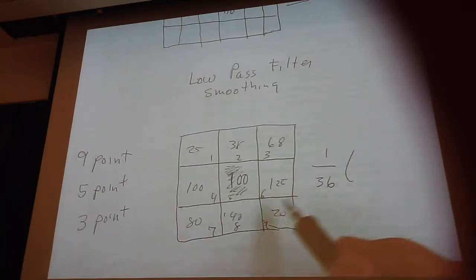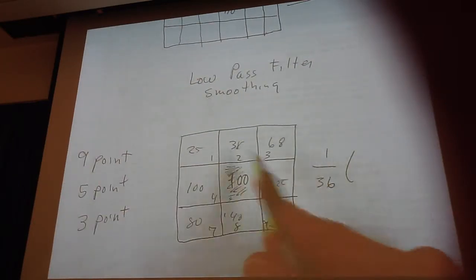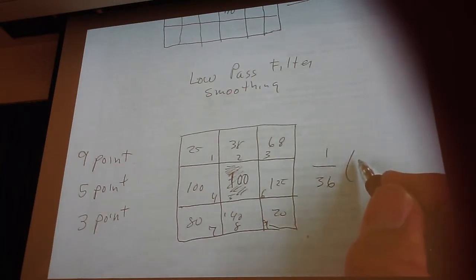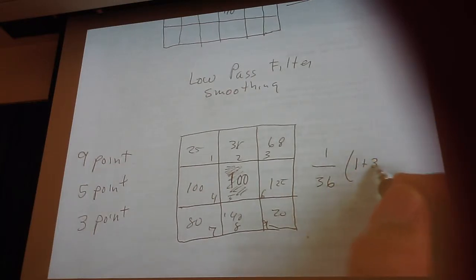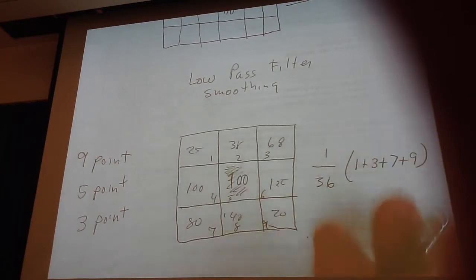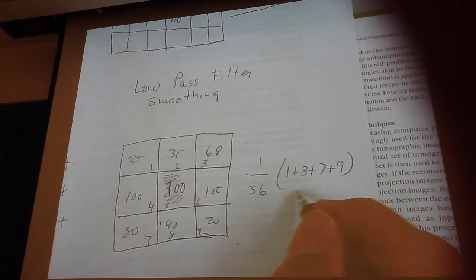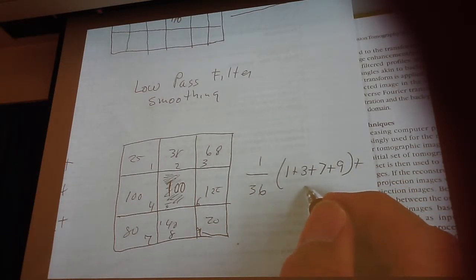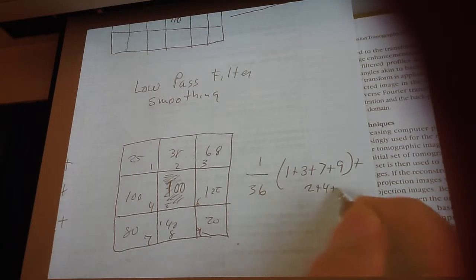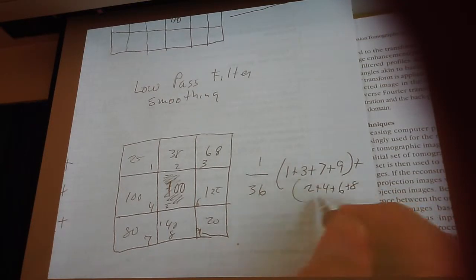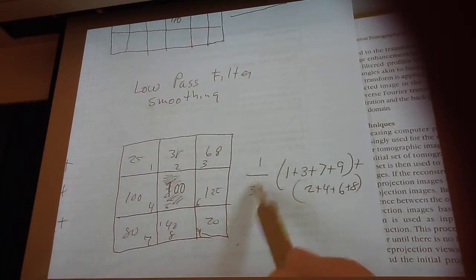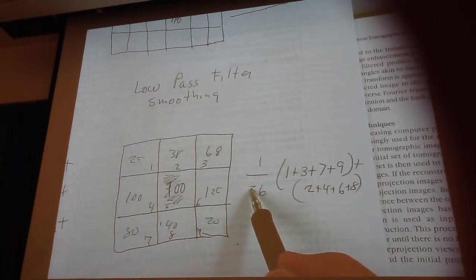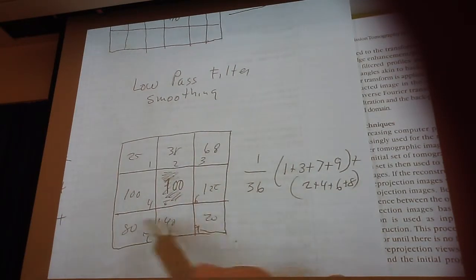So a 9-point smooth is going to take 1/36 of the numbers, and basically it looks at it as 1 plus 3 plus 7 plus 9, and then that's going to be added to, I think, 2 plus 4 plus 6 plus 8. So in other words, the reason why they selected 1/36, can anyone tell me why that would be a number that would be important when we're looking at all these 9 different pixels?